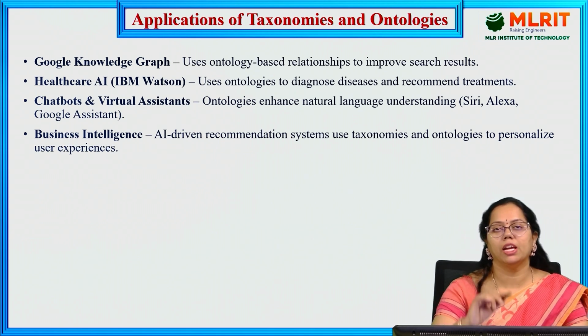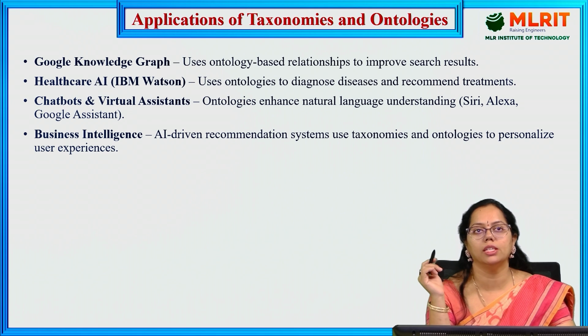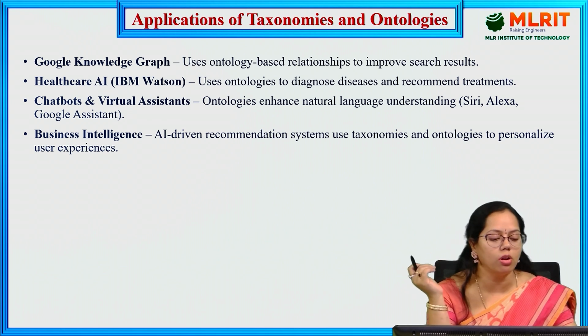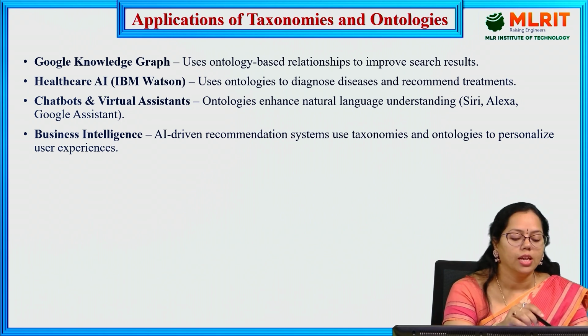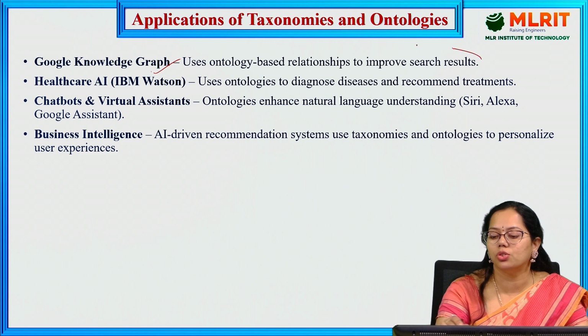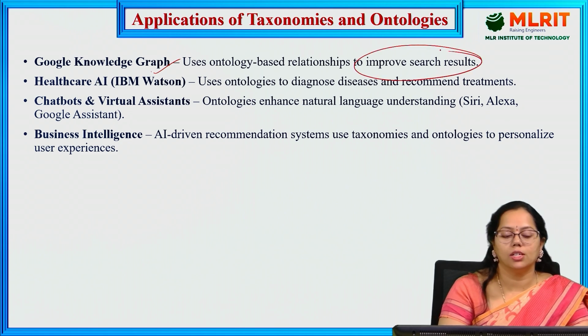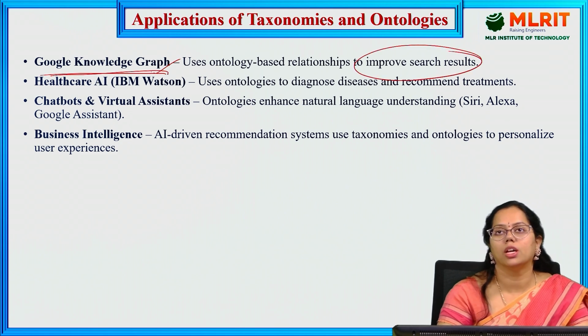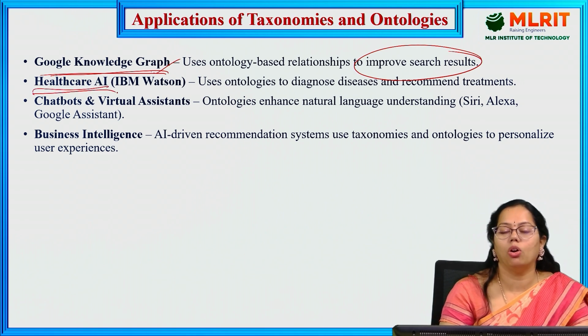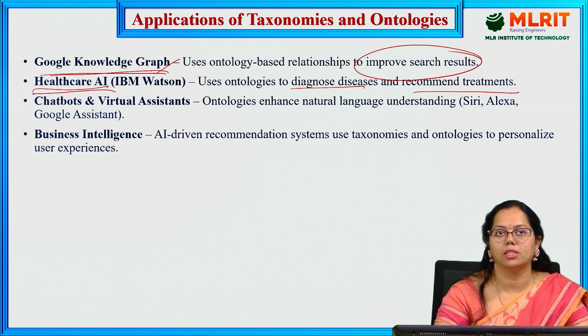Next, applications of taxonomies and ontologies. We have many applications, out of which we will be discussing only four here. First, Google Knowledge Graph, which is already discussed. It uses ontology based on relationships to improve the search results. Healthcare AI uses ontologies to diagnose diseases and recommend treatments.